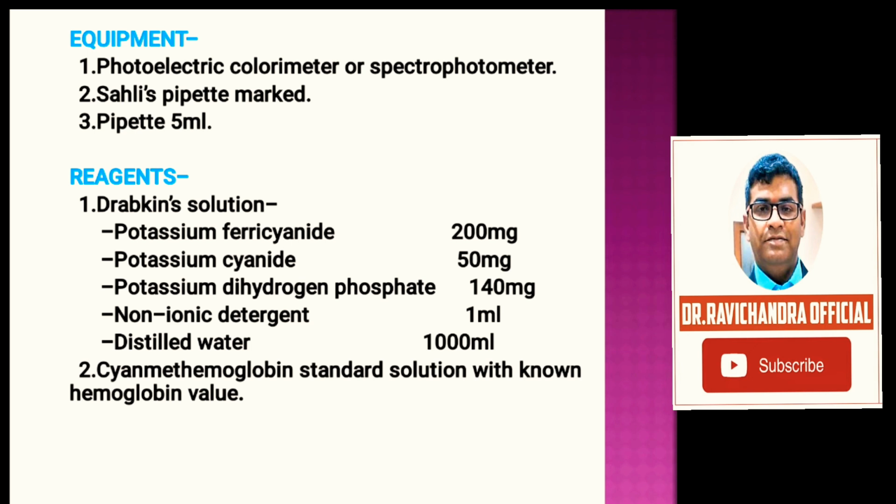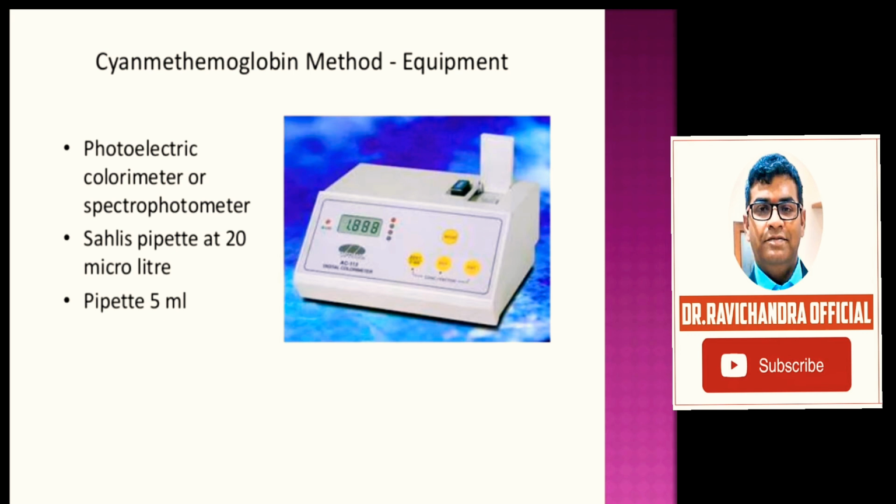Equipment: a photoelectric colorimeter or spectrophotometer, a Sahli pipette, and a 5 ml pipette. The reagents used are Drabkin's solution, consisting of potassium ferricyanide 200 mg, potassium cyanide 50 mg, potassium dihydrogen phosphate 140 mg, non-ionic detergent 1 ml, and distilled water 1 liter or 1000 ml, and a cyanmethemoglobin standard solution with known hemoglobin value.